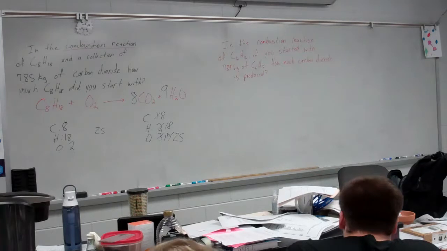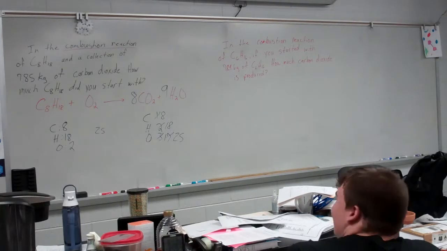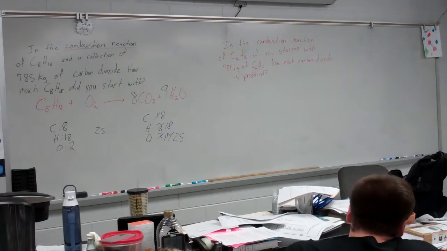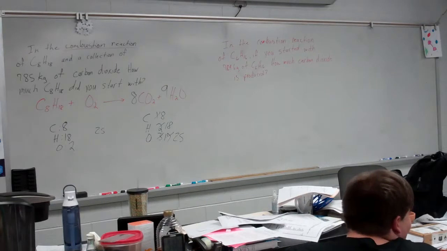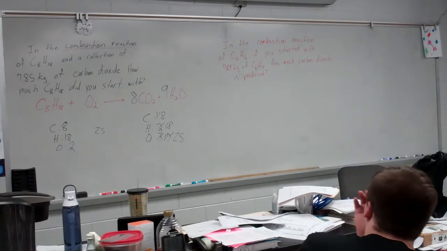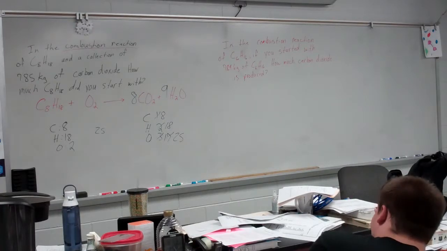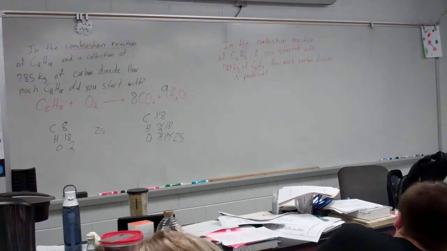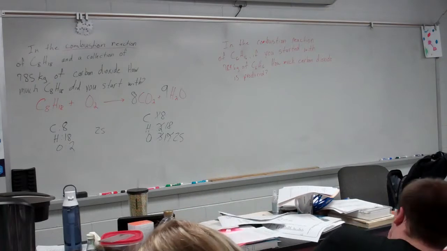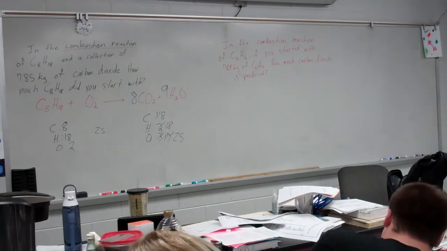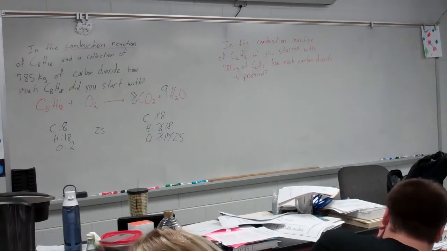Because it's asking for C8 plus moles. It's asking for that in carbon dioxide. So after you do the mole ratio, you get your answer, which is like this, and you get moles of C8H18, and then you convert this into grams, and you get that.